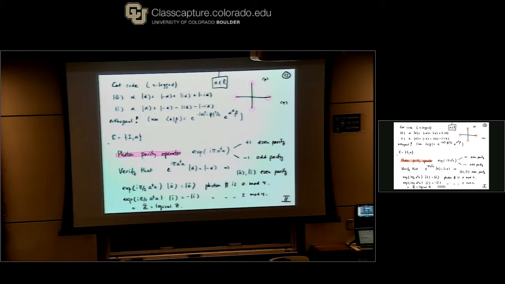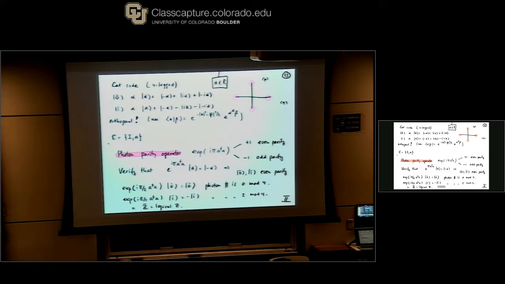Not the cat code, the cat code was earlier. I don't remember who's on the paper, but this has been done in superconducting. They have tried to implement this. But then, of course, you have to also discuss what this reversal is, which I'll do a little bit now.